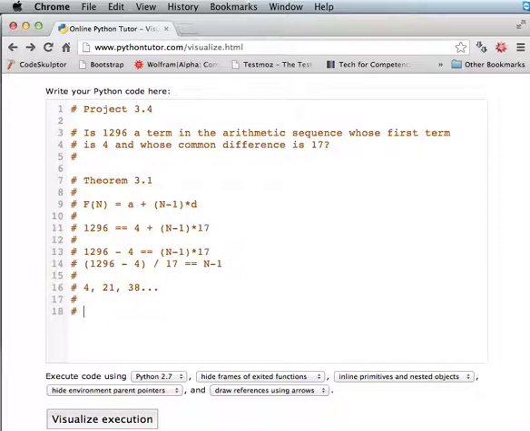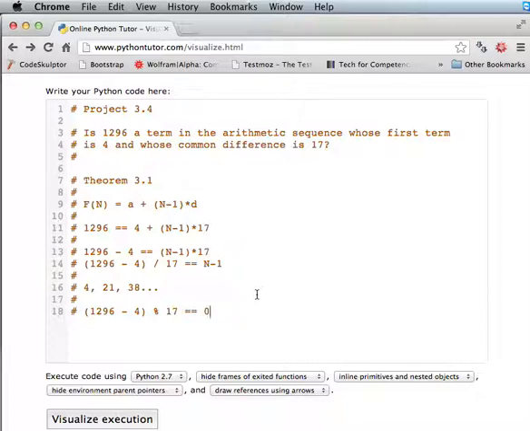If we say 1296 minus 4 and find the remainder of this division, if the remainder of this division is 0, then that means that 17 divides into this difference some integer number of times, so that eventually, if we start with 4 and keep adding 17s, we'll eventually get up to 1296.